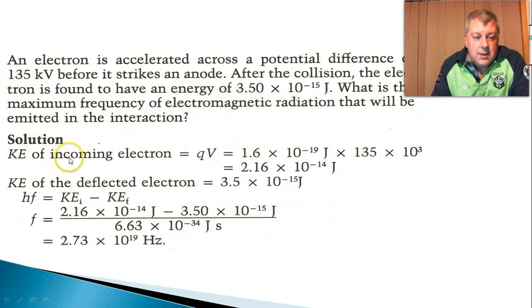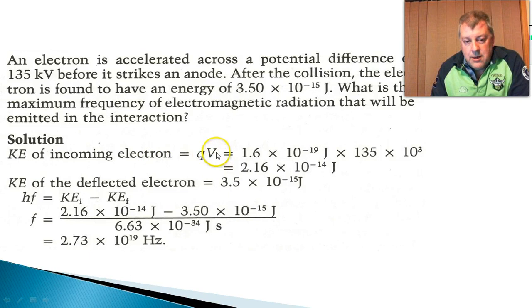So we have the kinetic energy of the incoming electron, which equals QV, because that's the accelerating voltage times the charge of an electron. That's how much energy it will gain, 2.16 by 10 to the minus 14 joules.